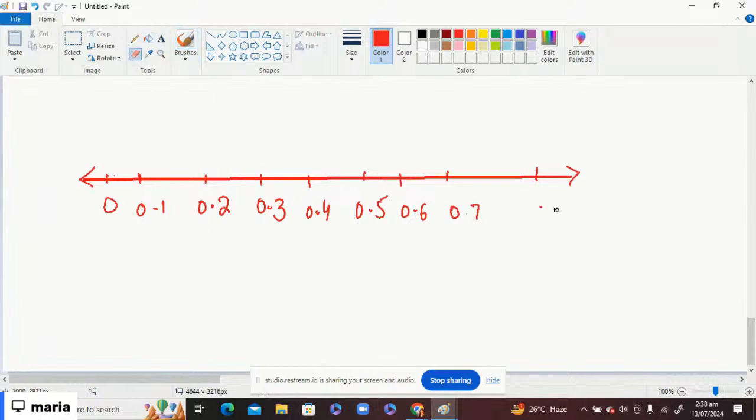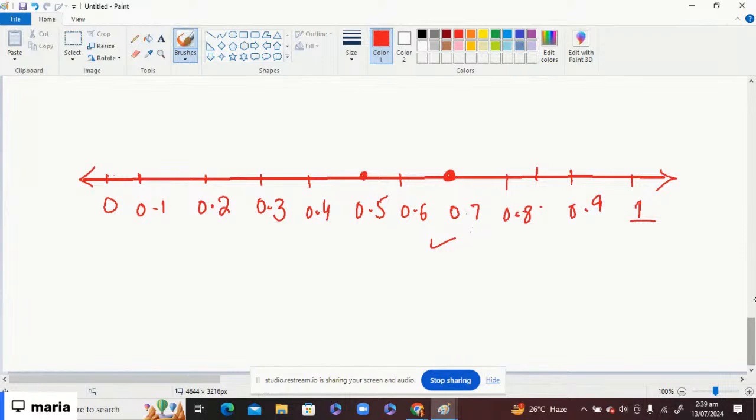Let me just remove it. 0.8, 0.9, and it's 1. Got it? So where is this point? You can say that it's 0.7.